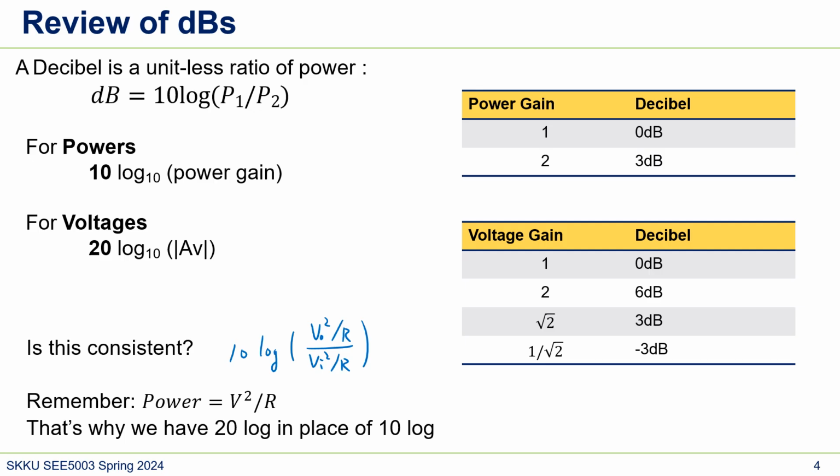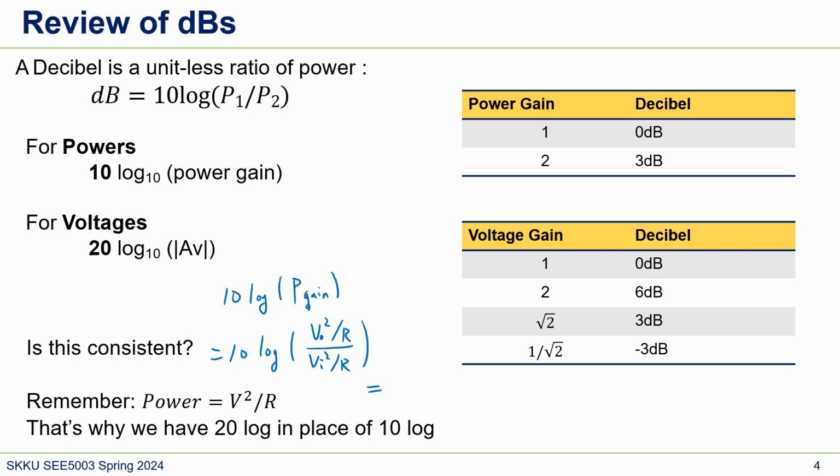So power gain is 10 log of this, and then we assume that the resistors are the same. This definition assumes an RF circuit. In RF, we assume that the input resistance is 50 and the output resistance is also 50, something like that. So we assume input R and output R are the same.